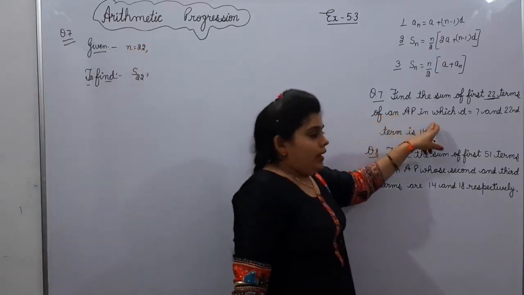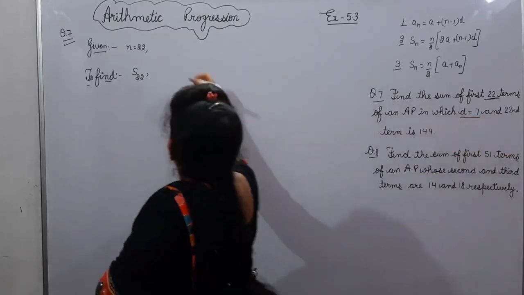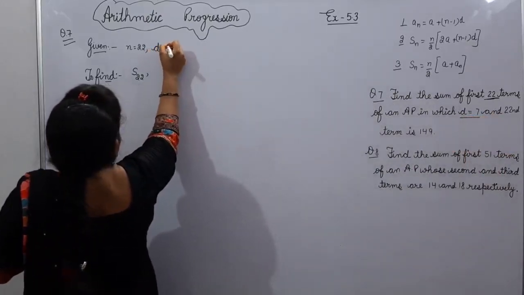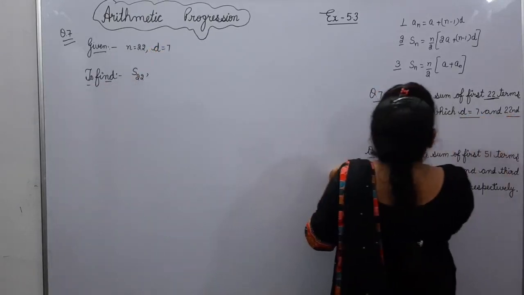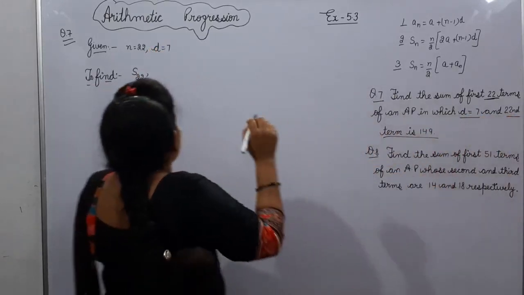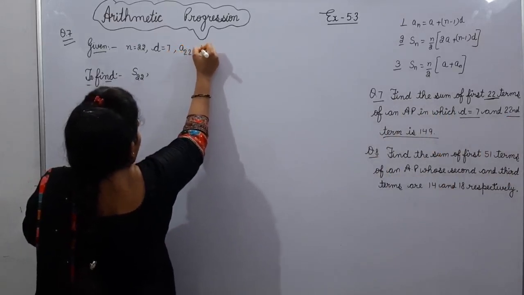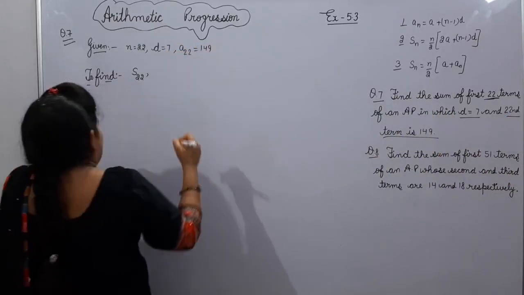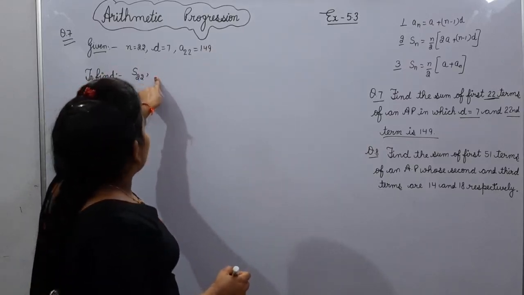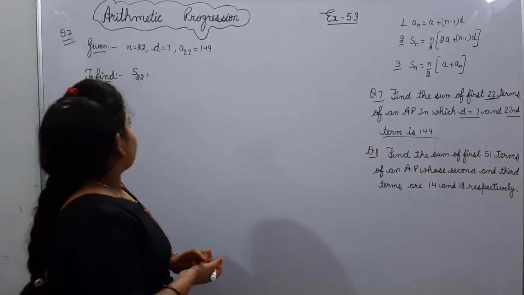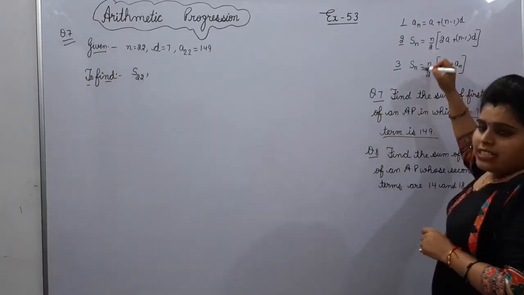Of an AP in which d is equal to 7, d is equal to 7 is given, and 22nd term means A22 is equal to 149. These things are given and we have to find S22. So come to the formula. We have to find Sn. Sn find out करना है.